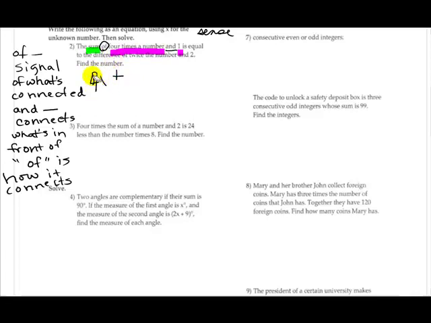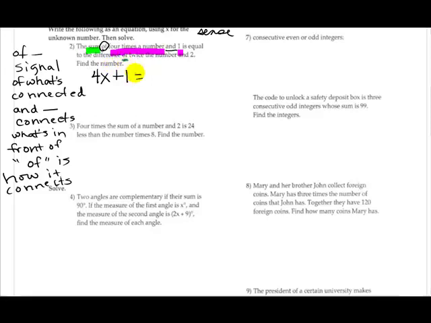Sorry, I started to write 4 with an F. 4 times the number and 1 is equal, we know how to do that, to the difference of twice the numbers and 2. I need to use something smaller here.